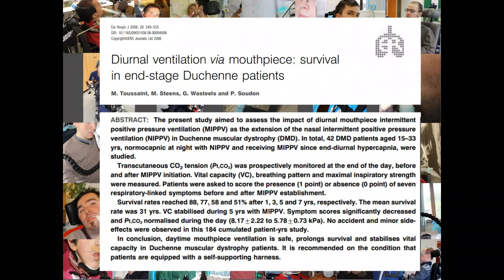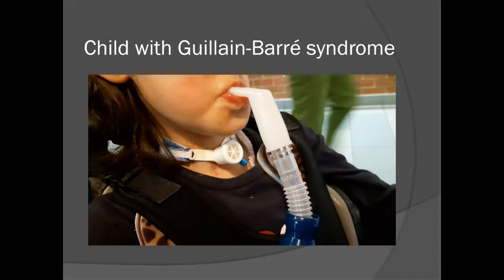It means that for patients who are tired during the daytime, you see they make some movements because they are air hungry, if you place the mouthpiece only 2-3 hours in the middle of the day, they can also stabilize their vital capacity when they have Duchenne muscular dystrophy. Naturally, with ALS patients, it is not the same story.